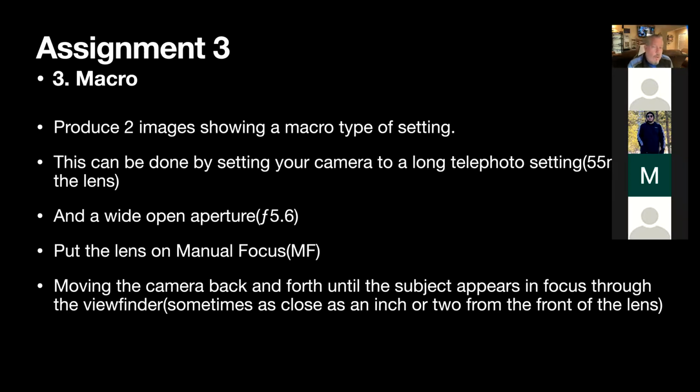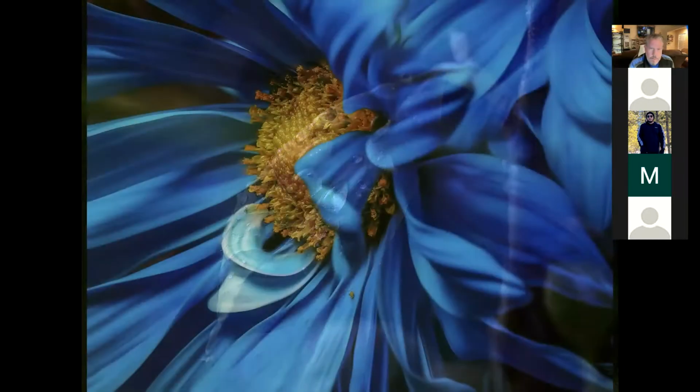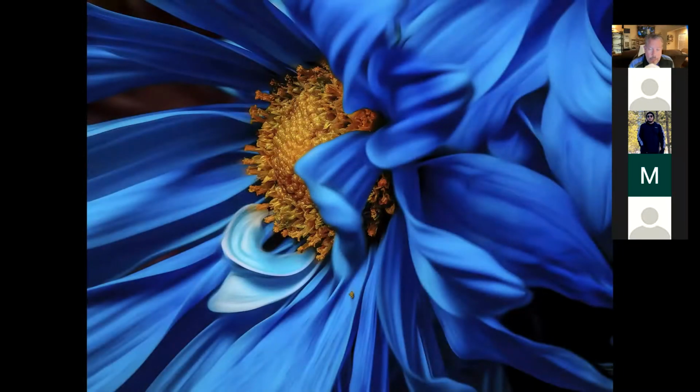The reason I want you to stay on manual focus is that with autofocus, the camera can see the wrong thing. This way you can get really, really close to things like leaves and flowers. So this is actually somewhat easy to do, but the challenge is physically moving the camera back and forth until you see it in focus.